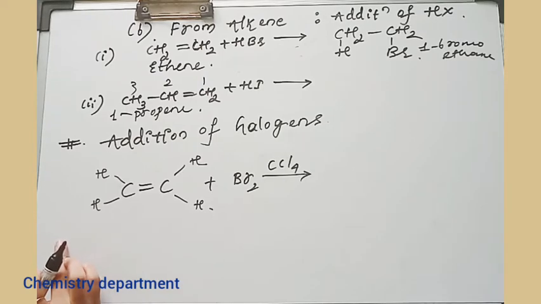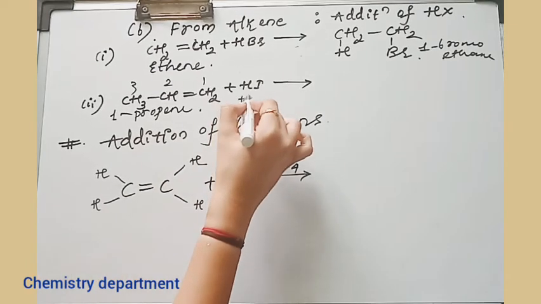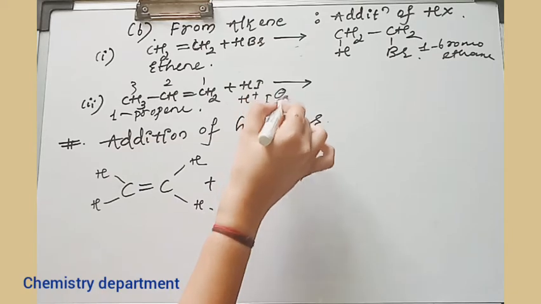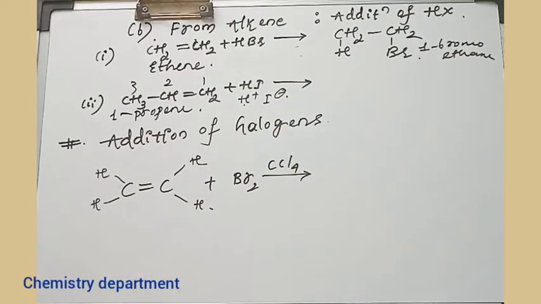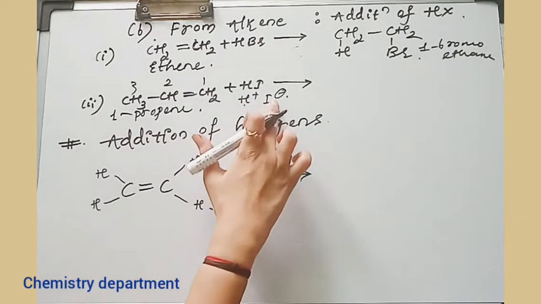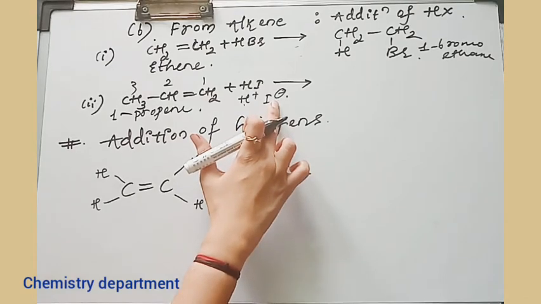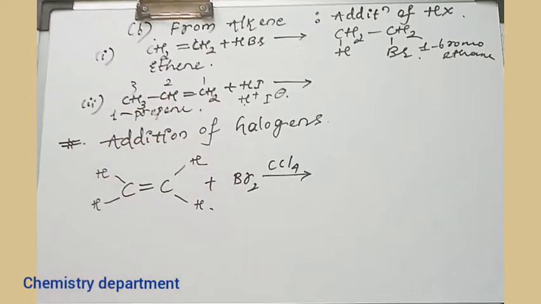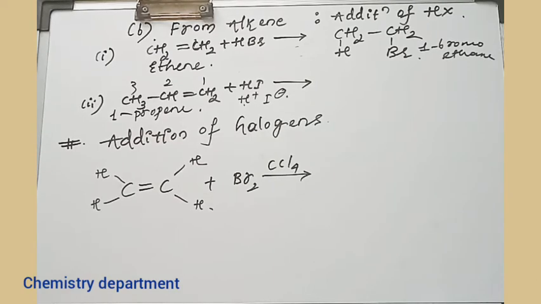You have learnt that for unsymmetrical alkene, you are going to follow Markovnikov's rule. So what Markovnikov's rule says is, here H plus and I minus. One is the positive end, the other one is the negative end. The negative part of the adding molecule, you have to add to the carbon which is having less number of hydrogen atoms. You're going to get two products, but out of these two products, one will be major.